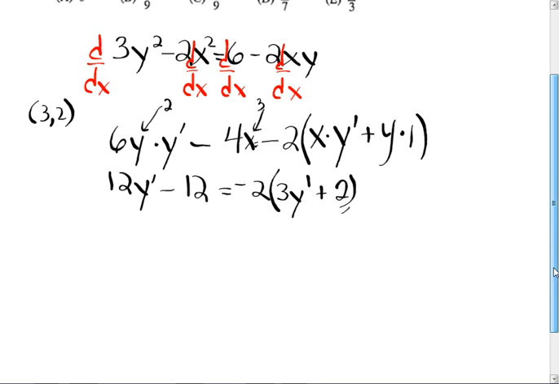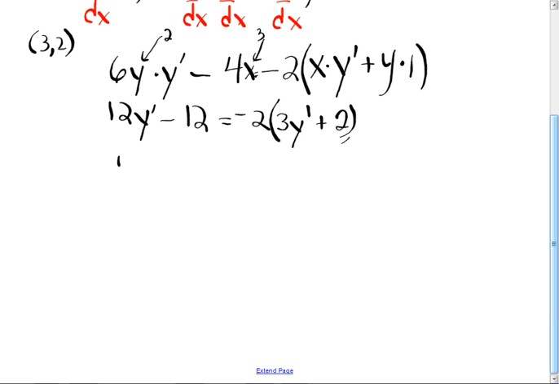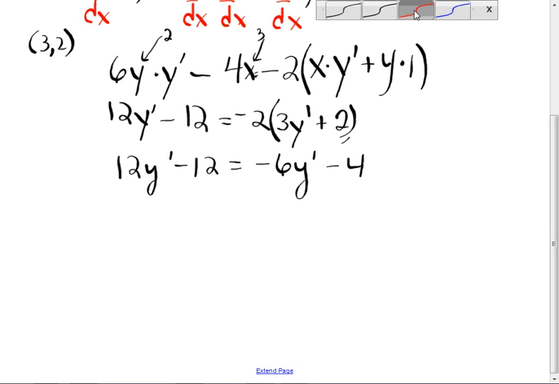Okay, so we'll just distribute that, and I would have come up with an answer probably not there. So it's negative 6y prime plus, not plus, don't forget to distribute the negative sign. So what do you want to add to both sides? I always do the variables because it causes me less trouble.